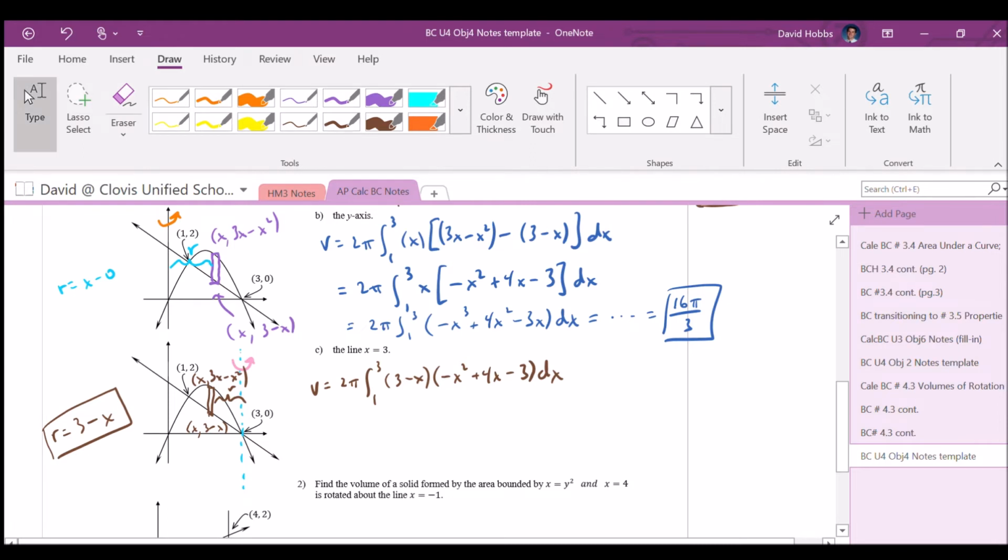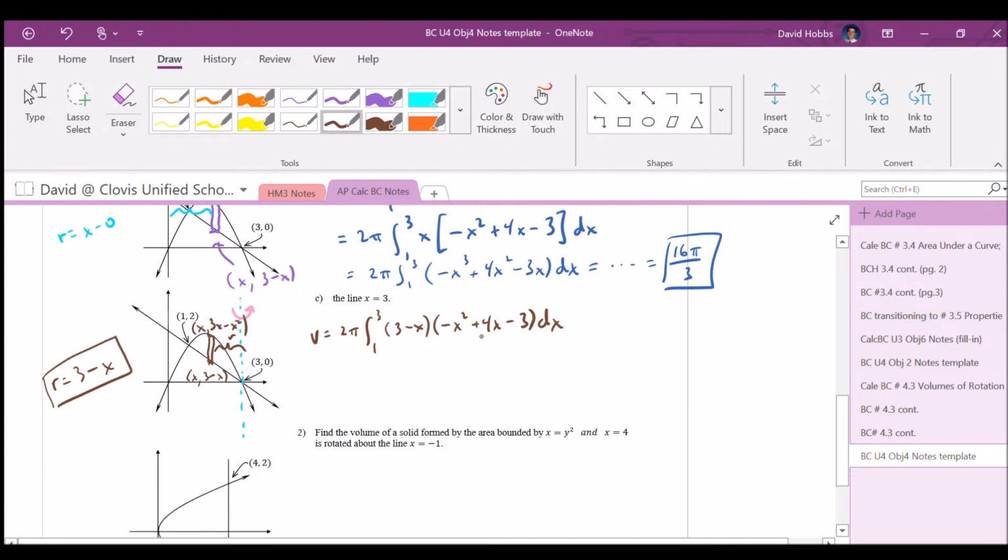Okay, and again, to be able to integrate this one, you'd really have to multiply it out. I'm doing some not-so-good sample problems here. They're not necessarily good sample problems for no calculator, because these would be just kind of a bear to work out without a calculator. But anyway, if you continue on and you multiply it out and you work it all the way out, we get 2 pi times, and now the definite integral from 1 to 3 turns out to be just 4/3.